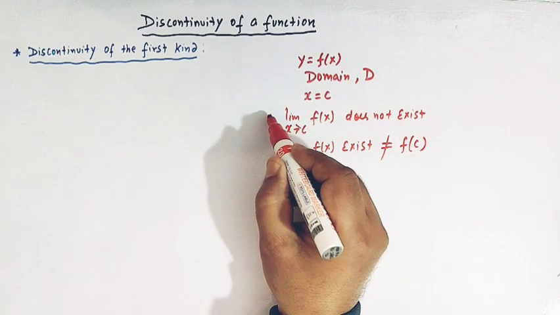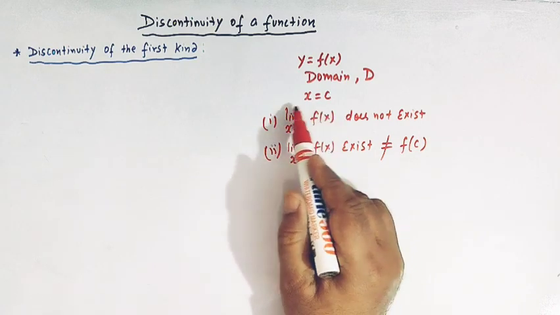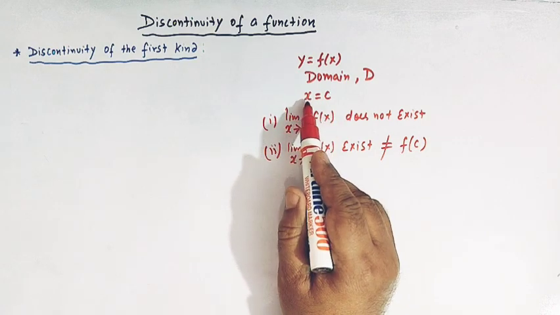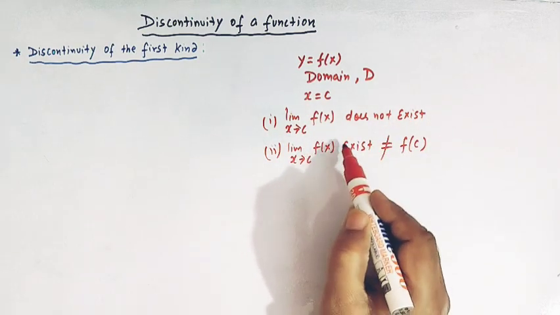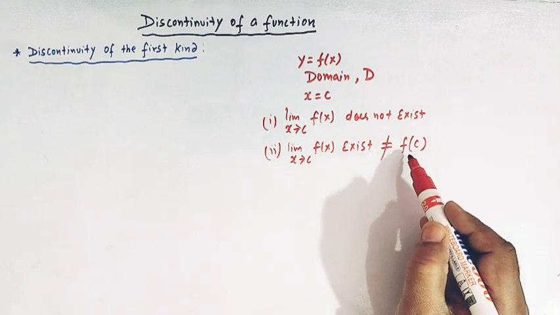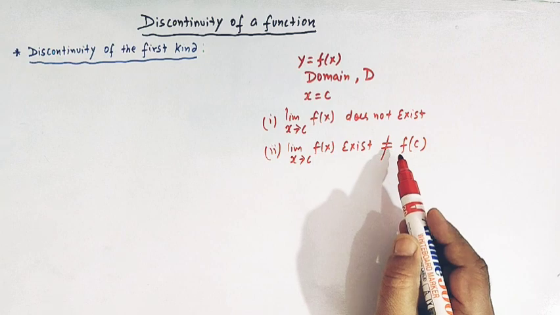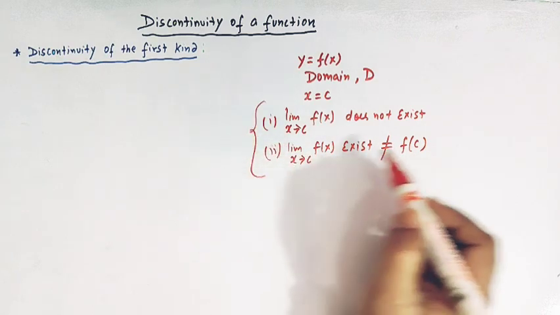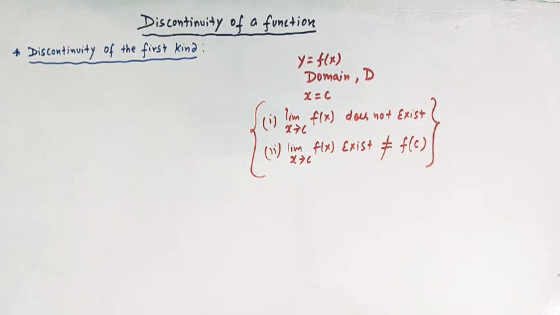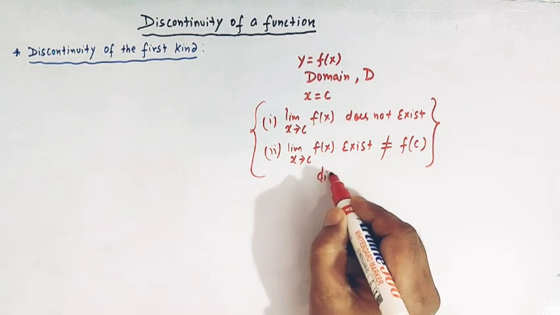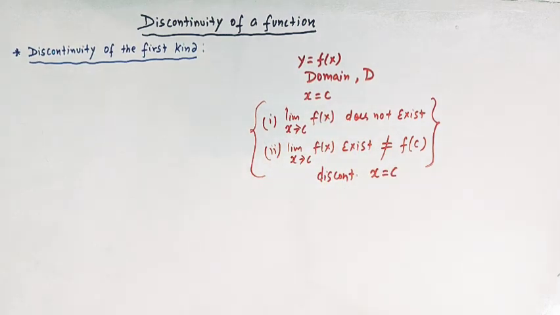So here we have two conditions. The first condition is that the limit of the function at x is equal to c does not exist, or the limit exists but this limit is not equal to the value of the function at x is equal to c. When we have either of these two conditions, then we can say that the function is discontinuous at the given point x is equal to c.